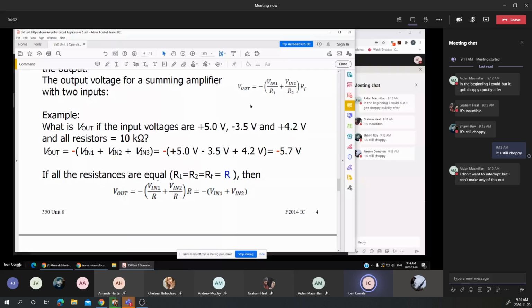If all n resistors and RF are equal, we have a summing amplifier with unity gain. Now a summing amplifier with a given gain. Suppose the gain is greater than 1.